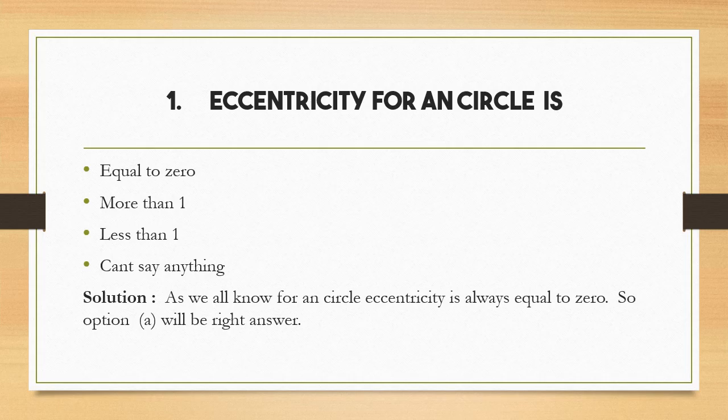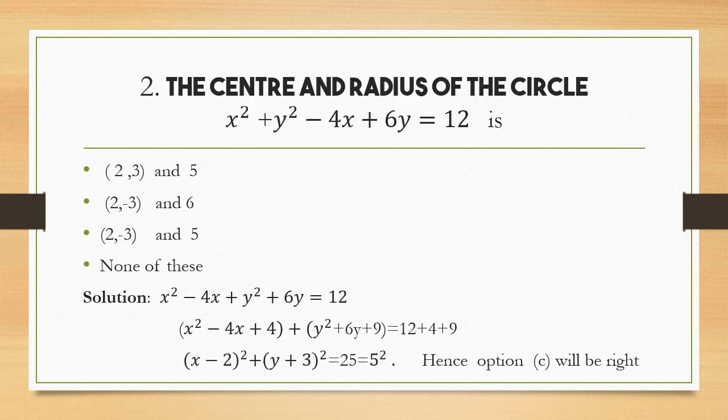Let me move on to the next question. In the next question, they expected from us the center and radius of the circle x square plus y square minus 4x plus 6y equal to 12. See, first of all, we should have a clear-cut idea regarding what a circle is and what its standard equation is.